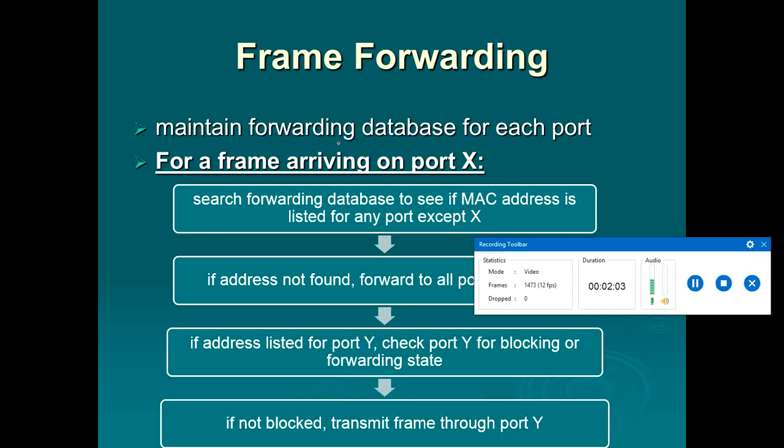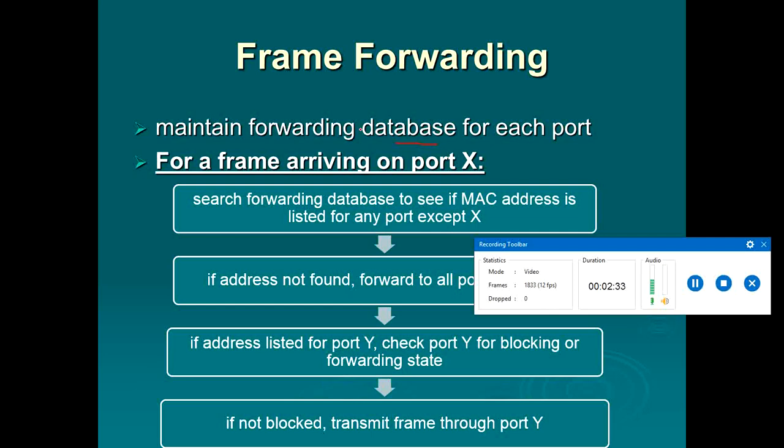It maintains a forwarding database for each port. A forwarding database means that when a frame is received, it tells to which LAN or to which bridge the frame must be forwarded. So in this scheme, a bridge maintains a forwarding database for each port attached to the LAN, and the forwarding database indicates the address of the station for which the frame should be forwarded and through which port.